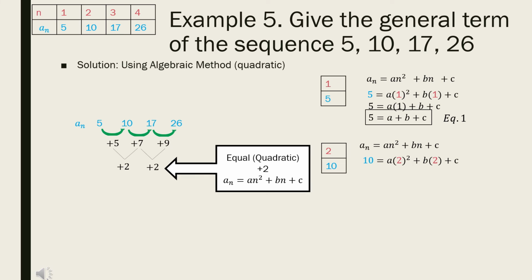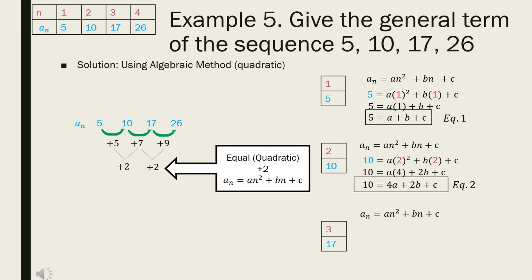So we have 10 is equal to a times 2 squared plus b times 2 plus c. 2 squared is just 4, so we have a times 4 plus 2b plus c. A multiplied by 4 is just 4a. So we have 10 is equal to 4a plus 2b plus c, and that is our equation number 2.